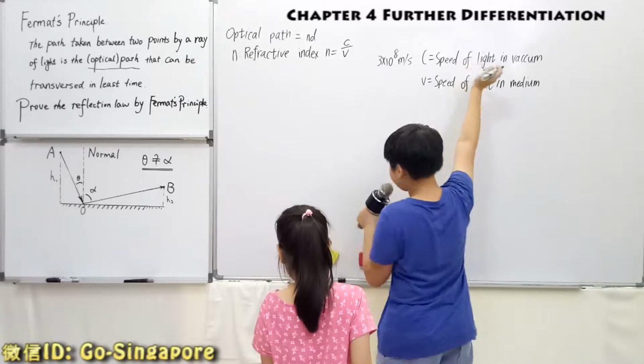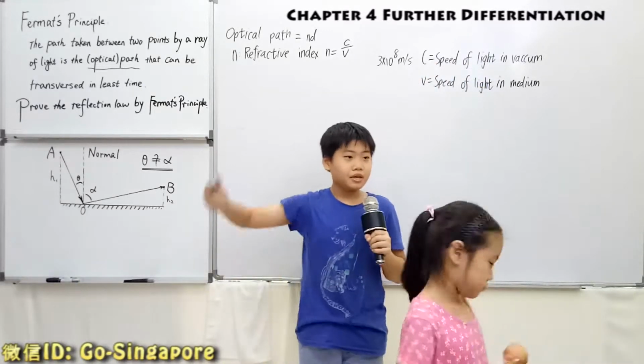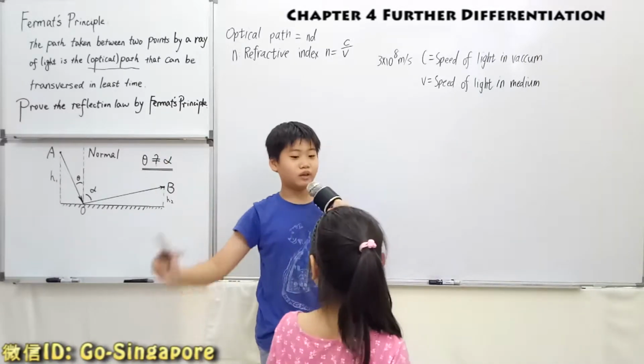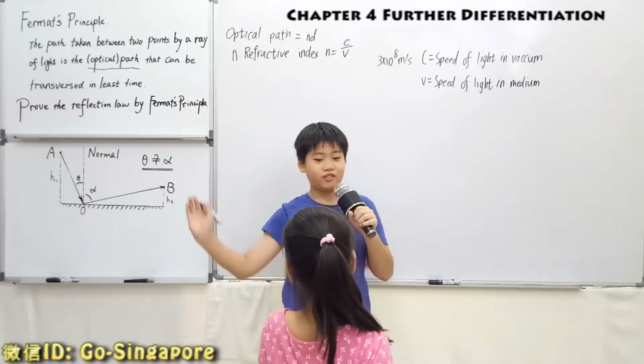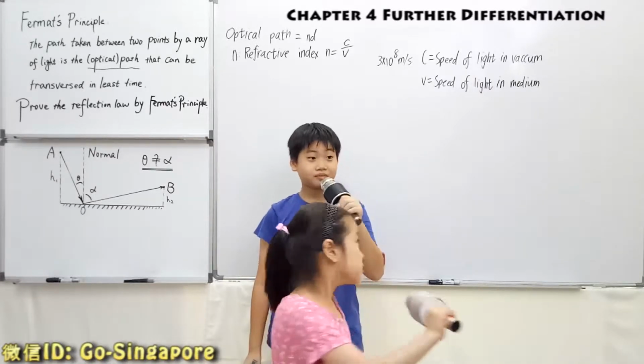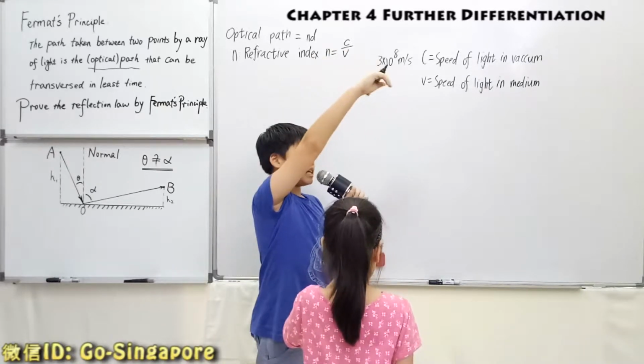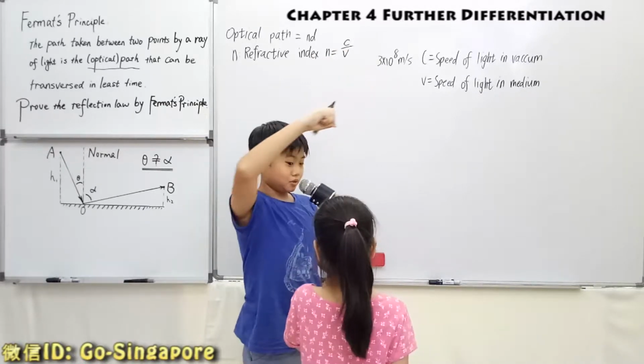This is very fast. In 1 second, you can travel around the Earth 7.5 times.